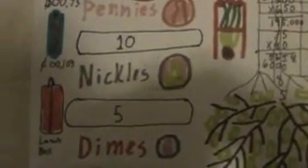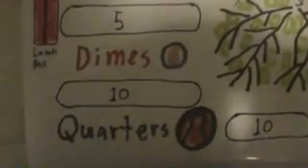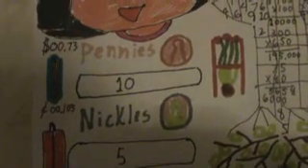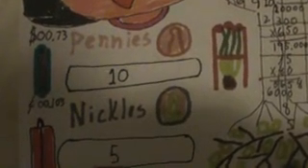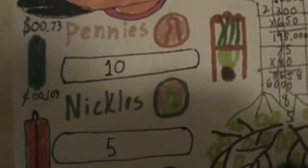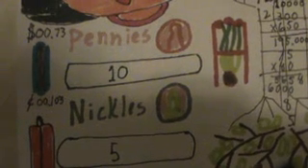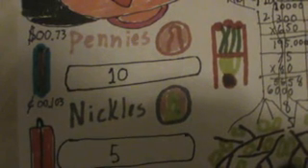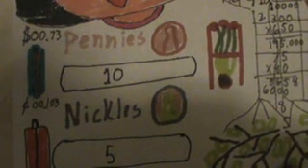With math, you have the nickels, the pennies, the dimes, and the quarters. They all add up, and whenever they all add up, that is what you call savings.